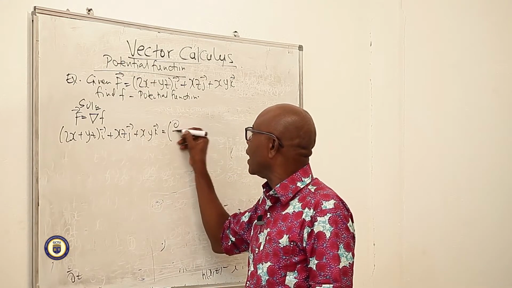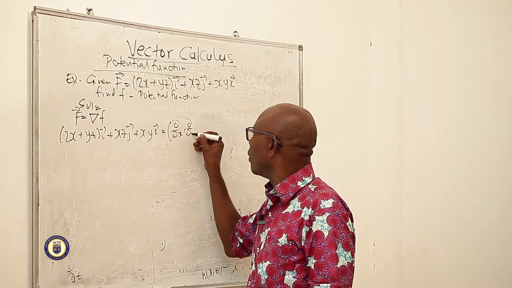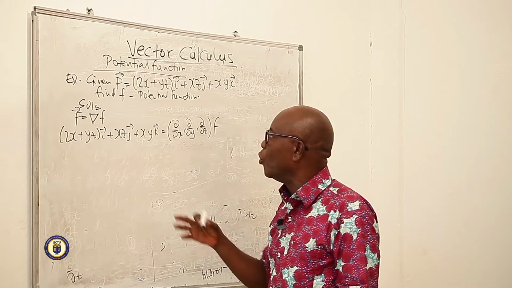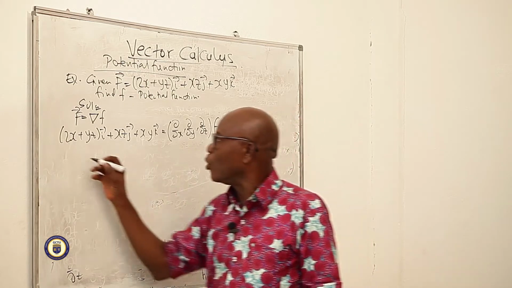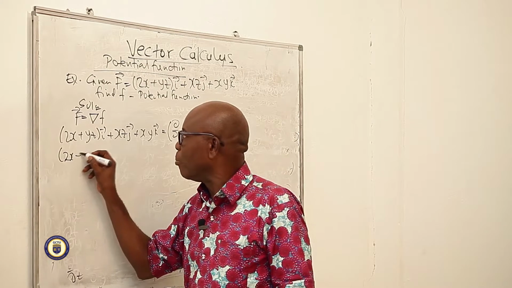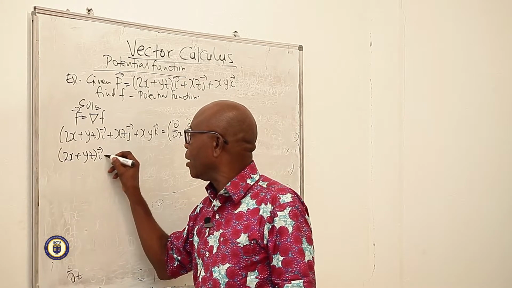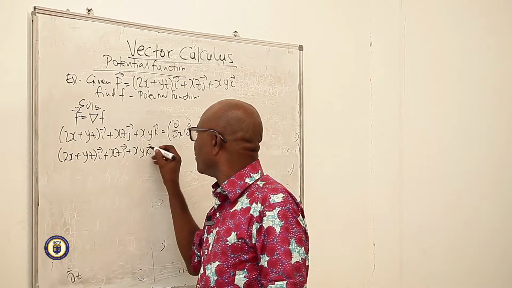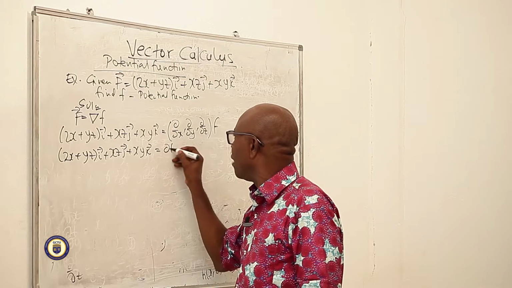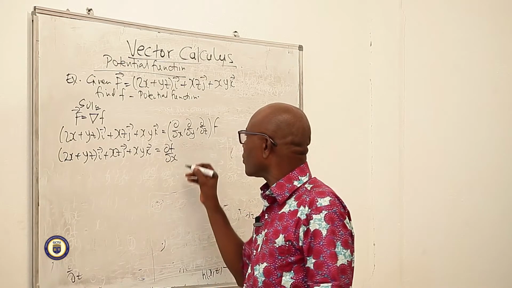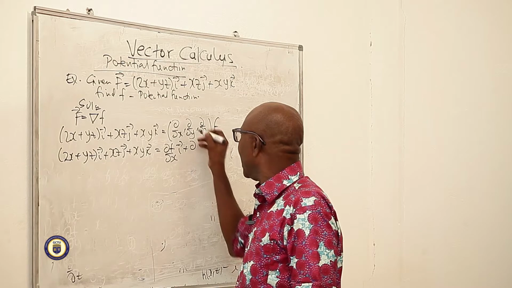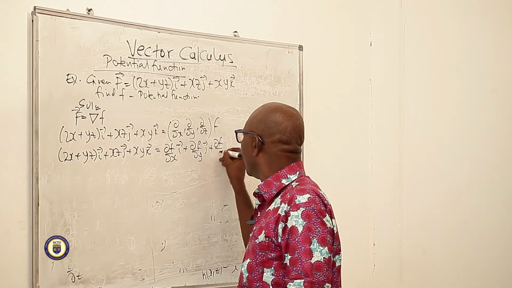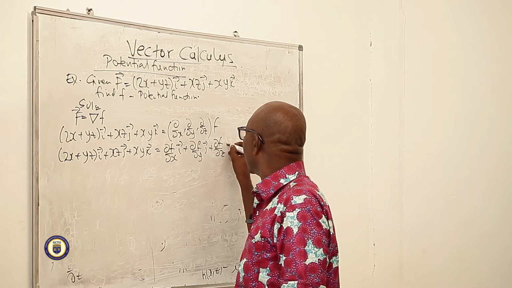The del is partial x, partial y, partial z, all times f. And so if you open the bracket, you have 2x plus yz i plus xz j plus xy k is equal to partial f partial x i plus partial f partial y j plus partial f partial z k.